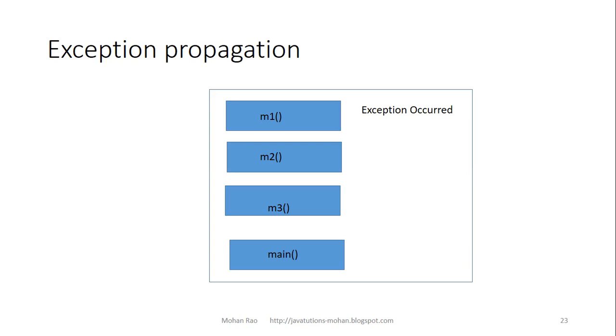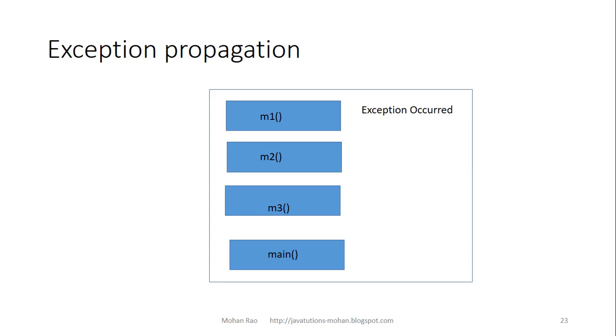Let me repeat once again, guys. I have M1 where I am going to explicitly throw the unchecked exception, and I'm going to call M1 from M2. So M1 will pass that exception object to M2. Ideally M2 has to handle it.